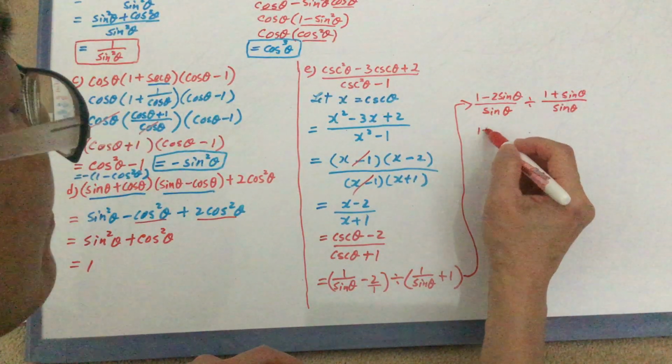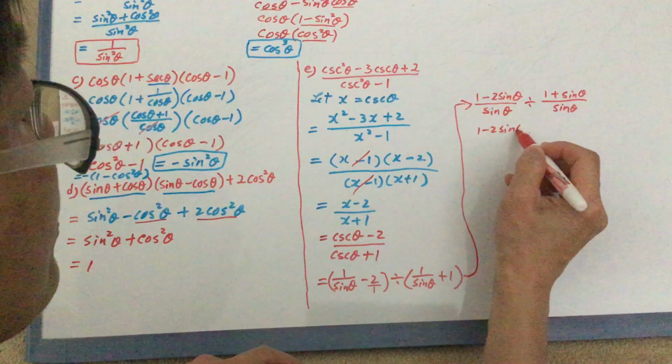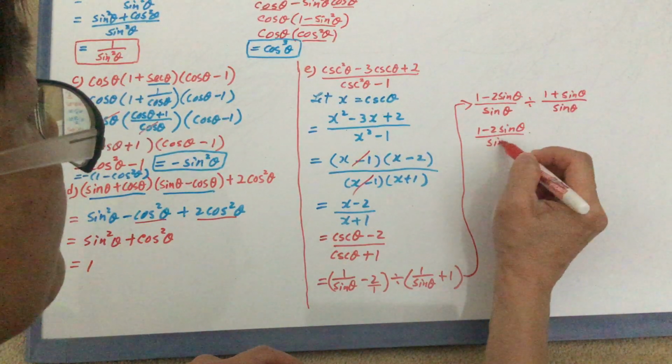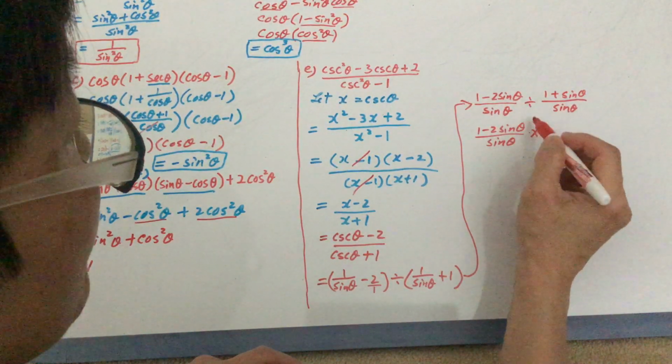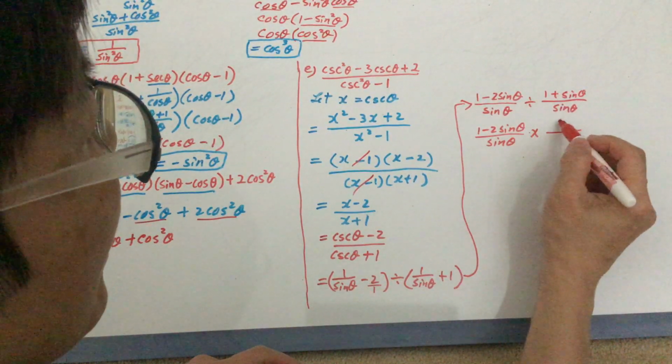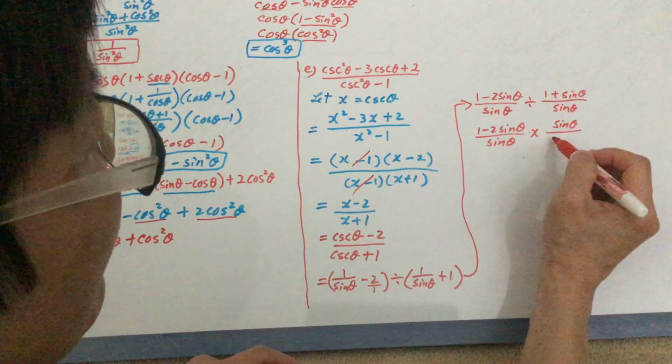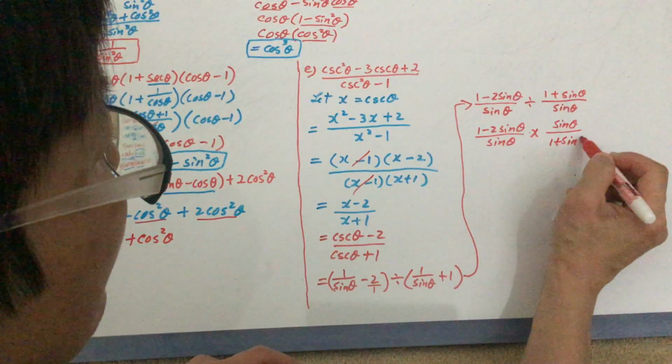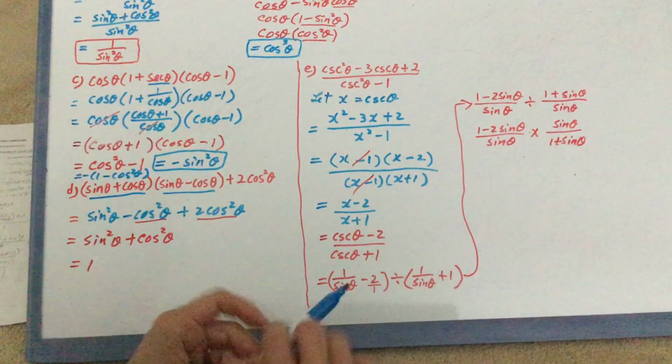Okay? And after that, you can flip by moving this divide, turn into a multiply. And now you have a sine theta over here, 1 plus sine theta over there. So you can reduce that.